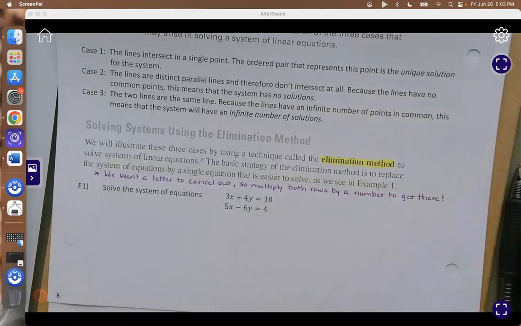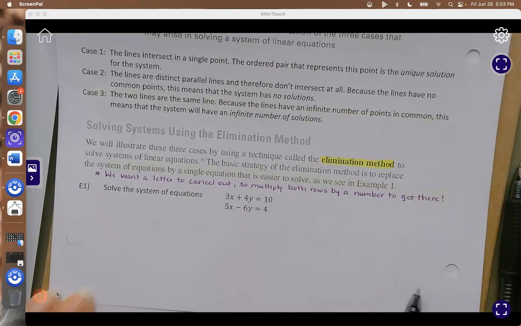So we want a letter to cancel out. We need one to be positive and one to be negative. We need like a 2x and a negative 2x, or a 12y and a negative 12y. If we look at this right here, they're already different signs, so we can make those y's go away.